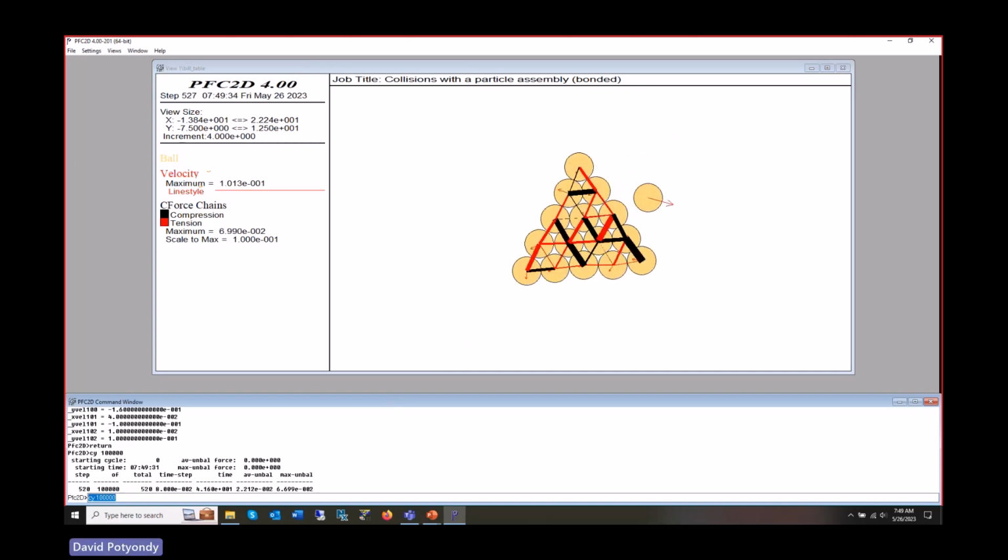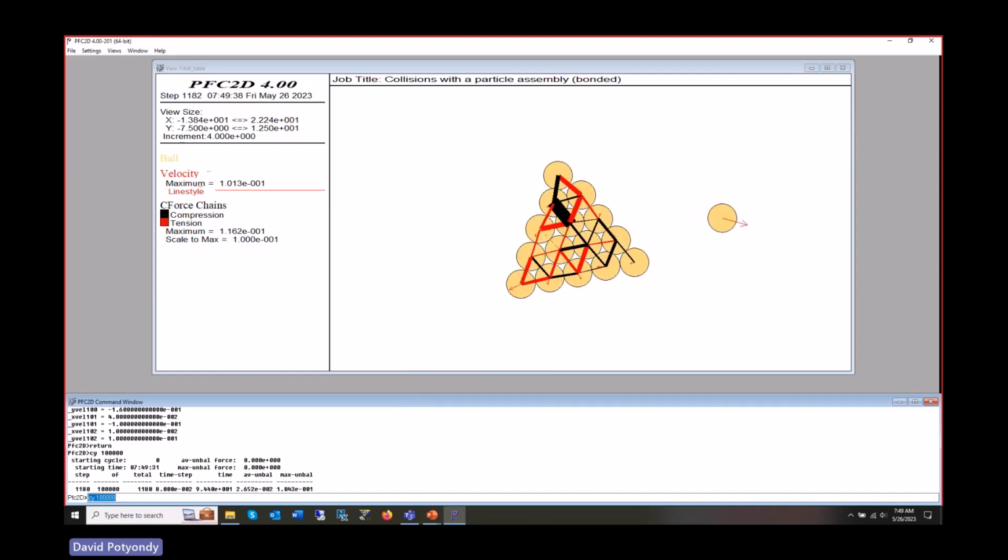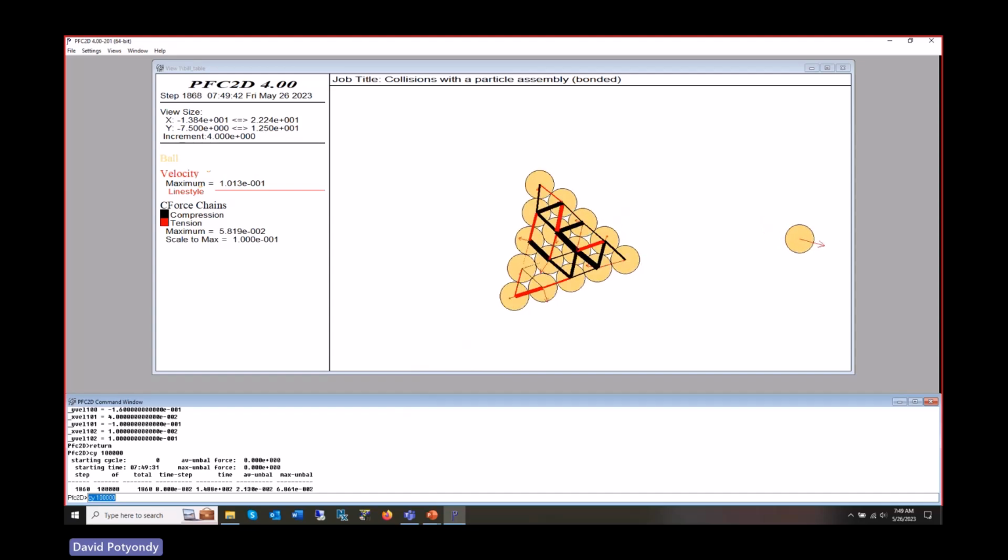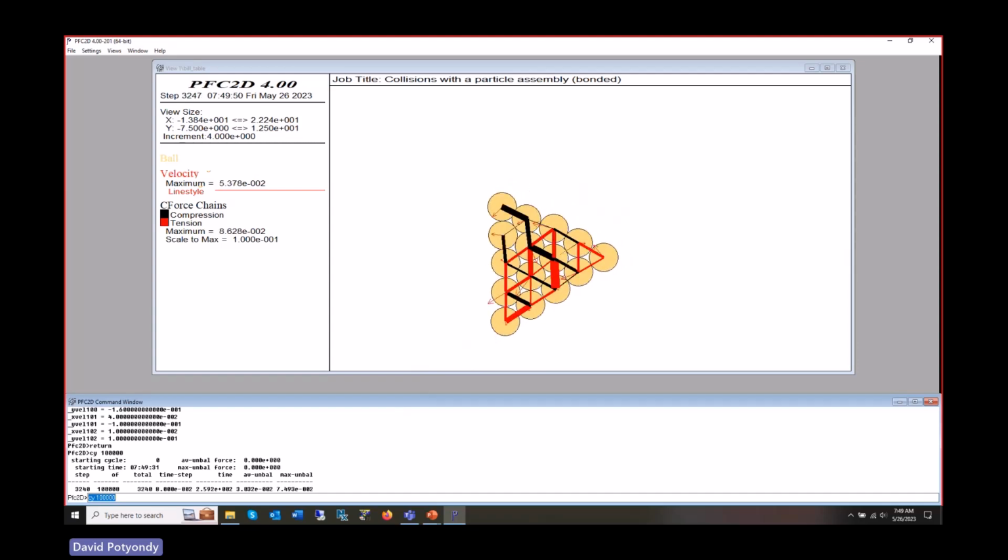This is a bonded particle representation of an elastic body, and it's not breaking. This is what would happen if I had a hunk of guys glued together. I hit it, and now they start bouncing around, and the wave can't get out of it. So it's going tension, compression, and it's all hanging together.